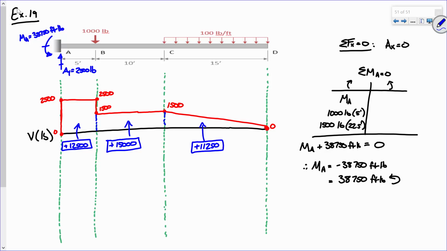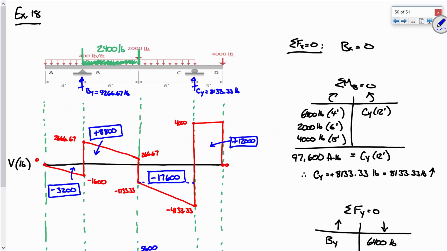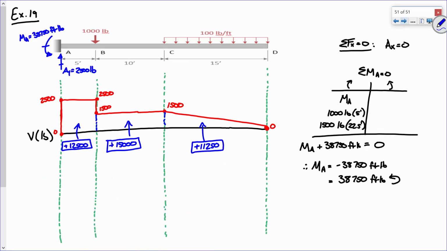Now, everybody good? I want to remind you of something. Let's go back to our previous example. This was our shear diagram from the previous example. Remember, all the positive areas and all the negative areas canceled each other out. We have a problem with this one because there are no negative areas.